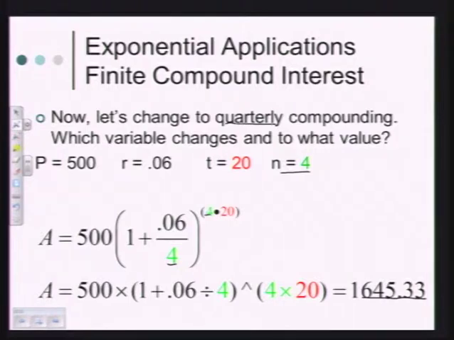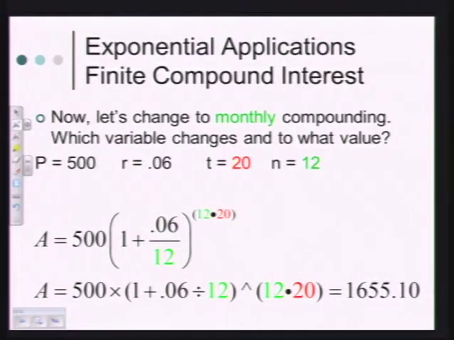Let's go two more scenarios with this. What if he goes to monthly compounding? Well, now n in our denominator and up here in our exponent, instead of being 4 for quarterly, is 12 for monthly compounding. And notice he picks up a few more dollars, $1,655.10 after 20 years.